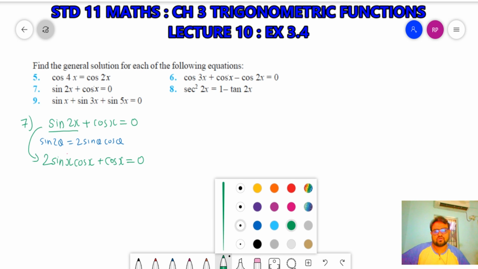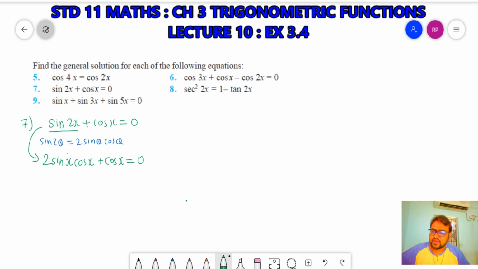So what I can do, I can take cos x common. I will get cos x times 2 sin x plus 1, and this is equal to 0. So what does this mean?